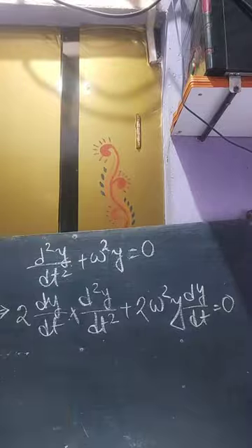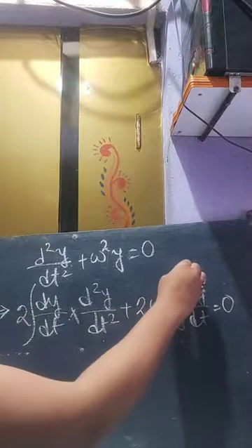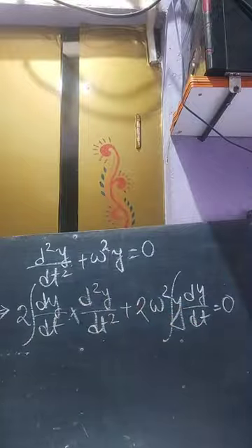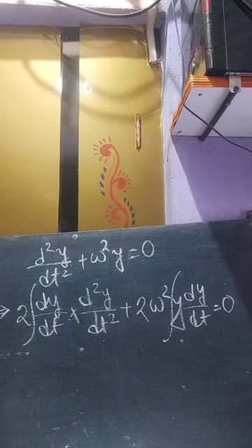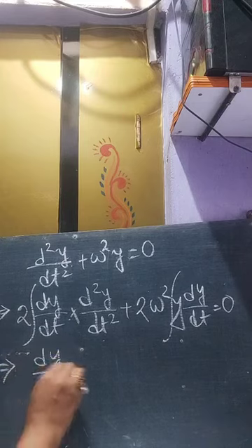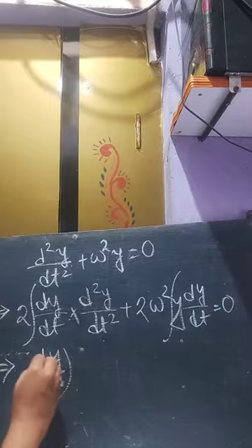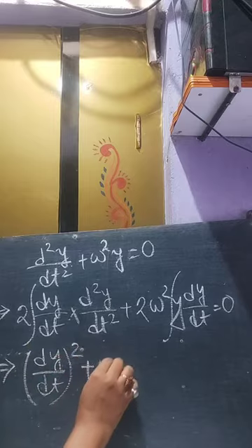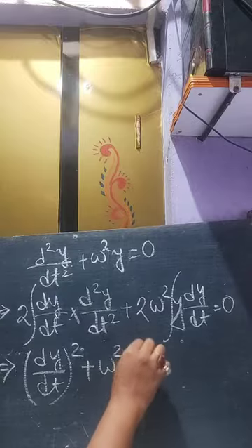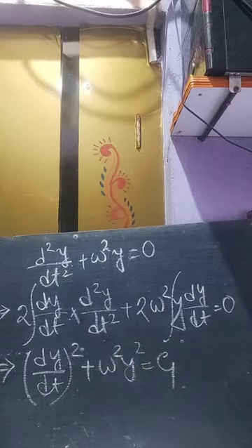Now, if we integrate this, the result will be (dy/dt) squared plus omega square y square equals c1. c1 is the constant of integration, which can be obtained by applying the boundary condition.